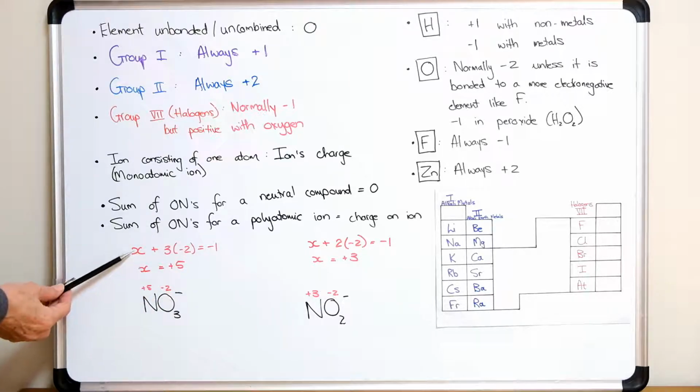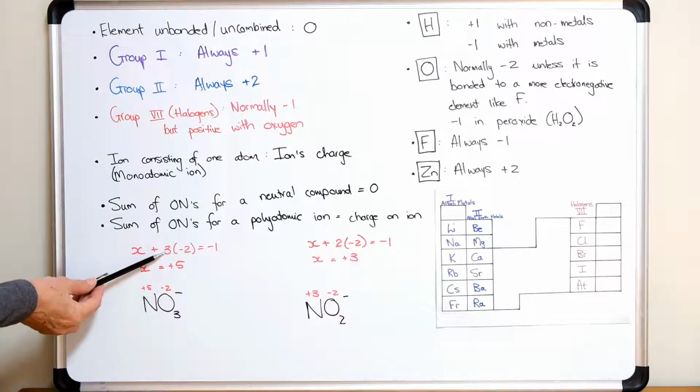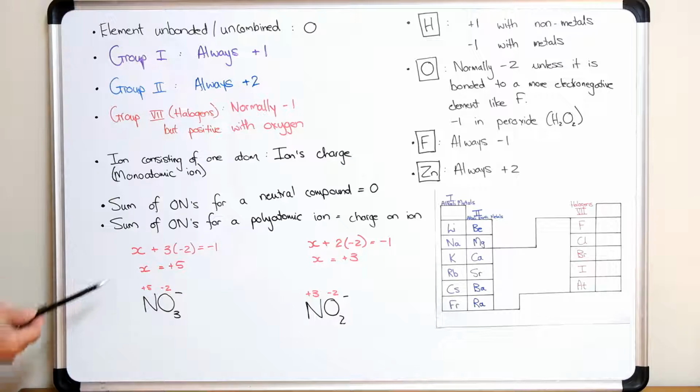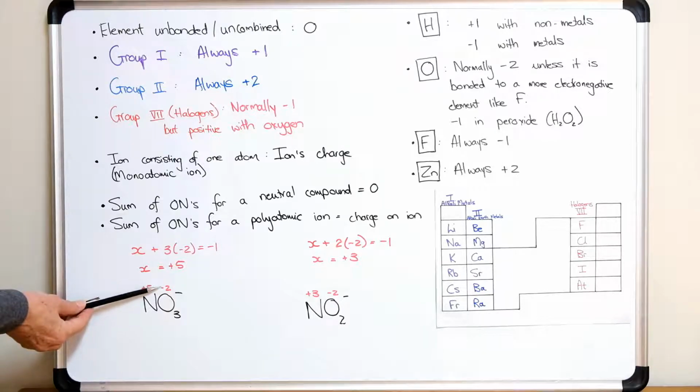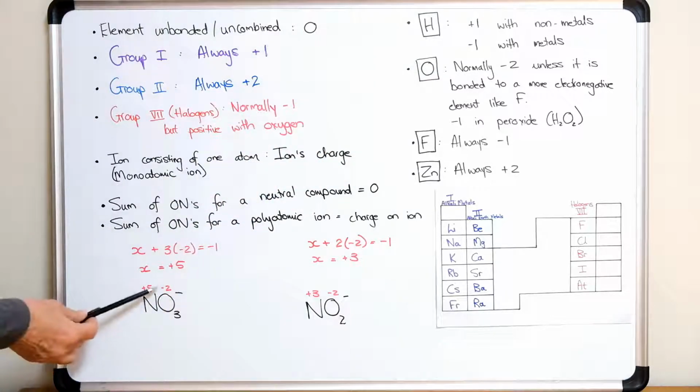We make the oxidation state for nitrogen X. We have 3 oxygens, so it's +3 times -2. Solve X, you get +5. So the oxidation state for nitrogen in the nitrate ion is +5, and oxygen is in the combined state again, according to that same rule, so oxygen's oxidation number is -2.